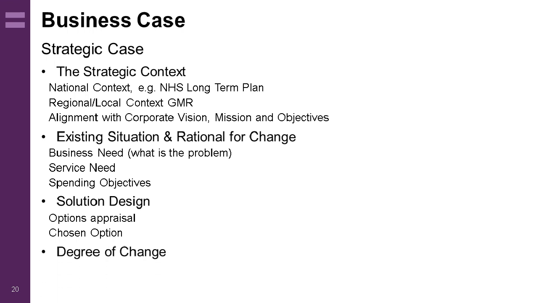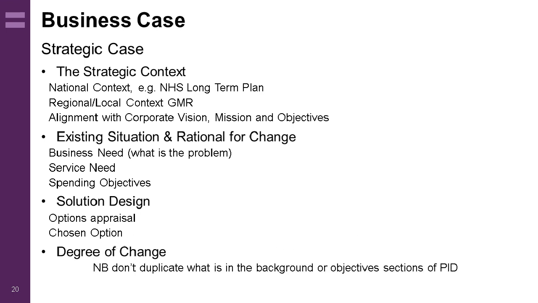Finally, in this section, the degree of change is made clear. Is it a really big change or something relatively simple, or somewhere in between? It's important to keep this section succinct and not duplicate the background and the objectives from earlier in the PID.